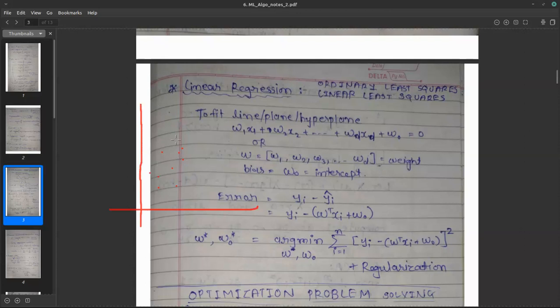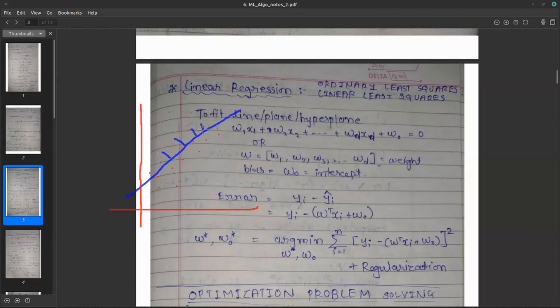So there we were able to find the optimal value of W and B, such that my line represents this data, this linear relationship. And my cost function, or my loss, is nothing but the square of all the errors.